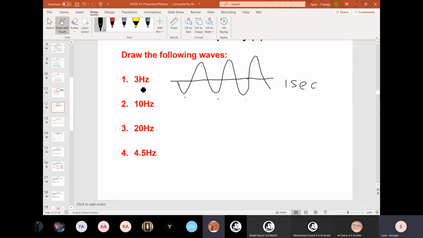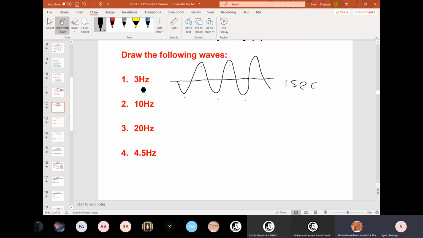Number of waves per second. Thank you. And what does amplitude mean? The maximum movement of the particles that make up a wave from their rest position. Excellent. And what does wavelength mean? The distance between one wave peak and the next wave peak.